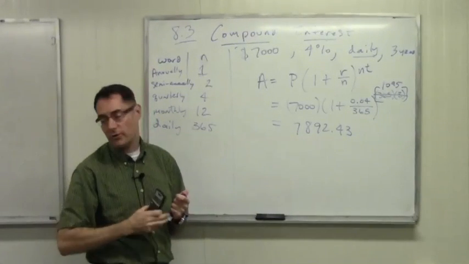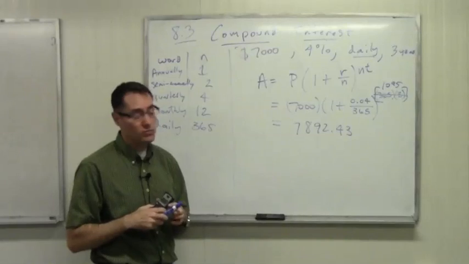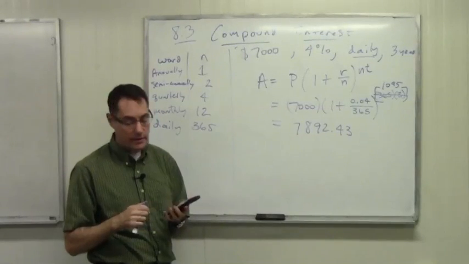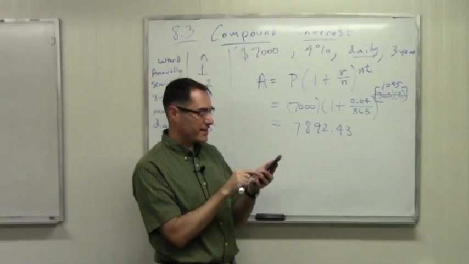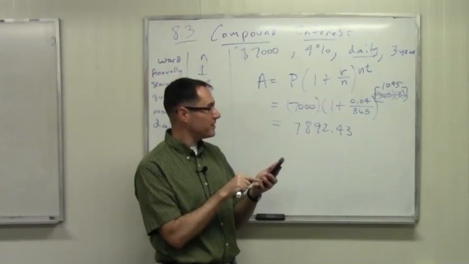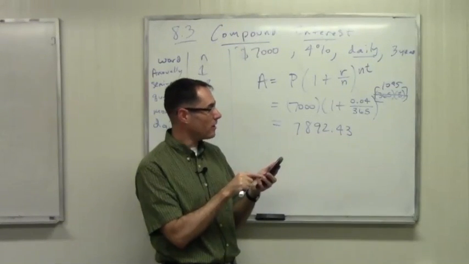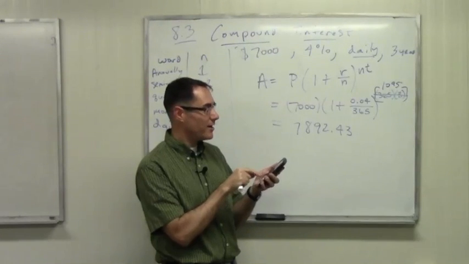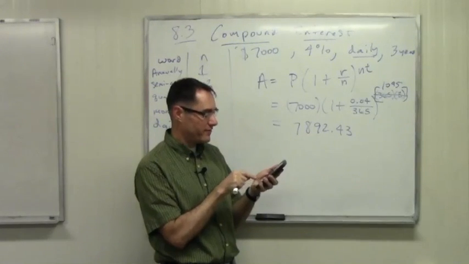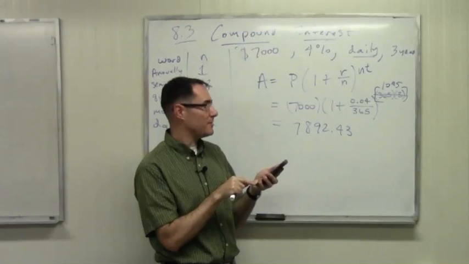You don't even need that in parentheses. If it's one number, you don't need it in parentheses. So 7,000 times, open parentheses, 1 plus 0.04 divided by 365, end parentheses, caret, 1095. Same answer.